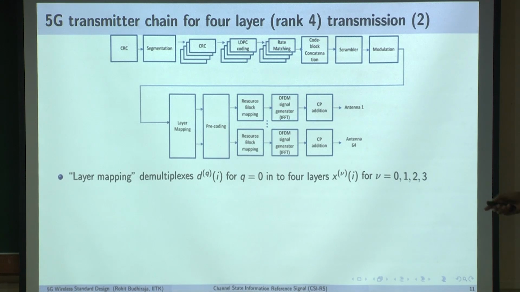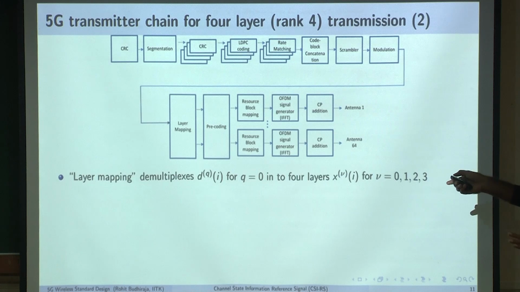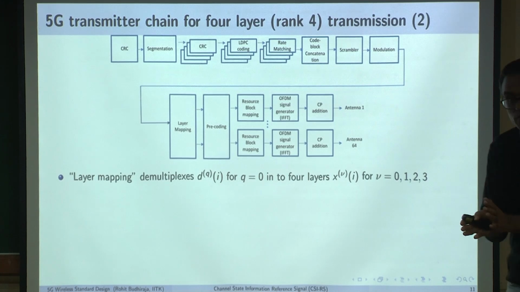So it precodes. Now how many such resource block mappings will you have to do? What was happening before was resource block mapping, a single one, and then CP addition. We were creating only one resource block mapping, one IFFT, one CP. Now how many such processes will you have to do?